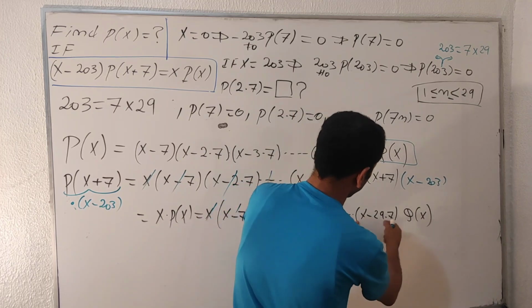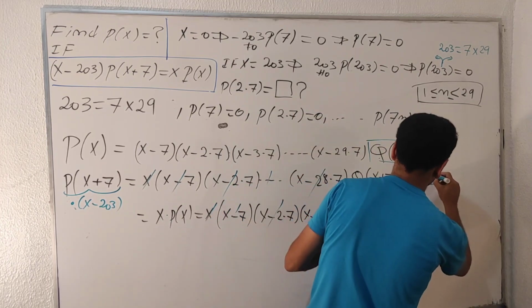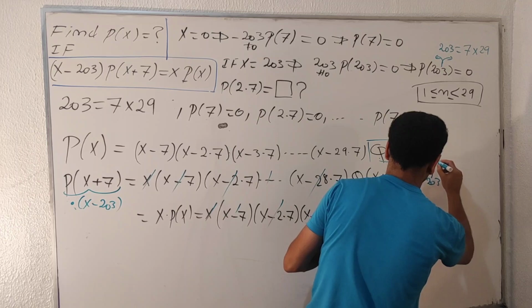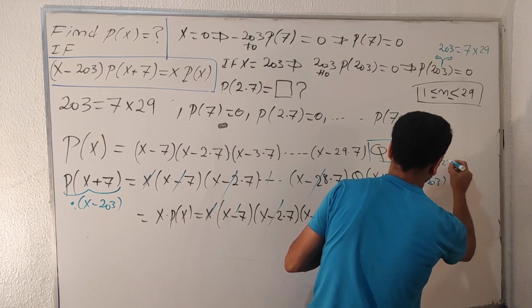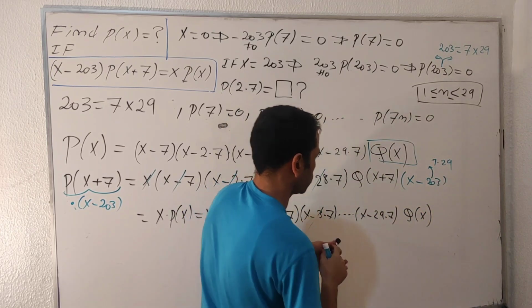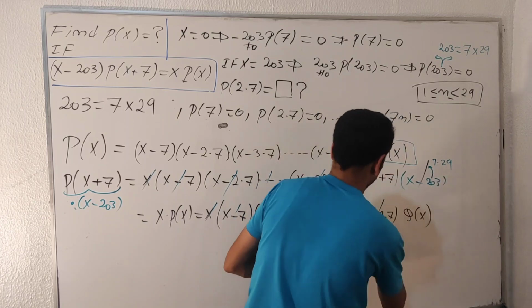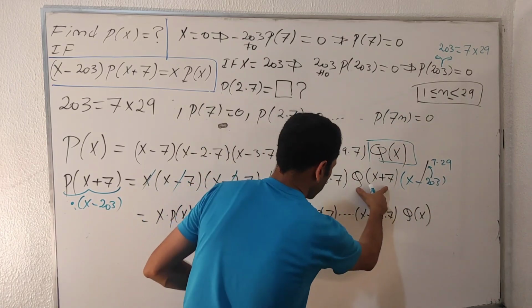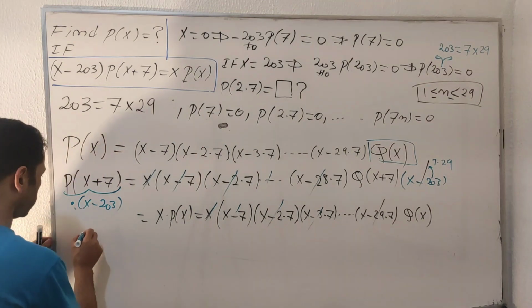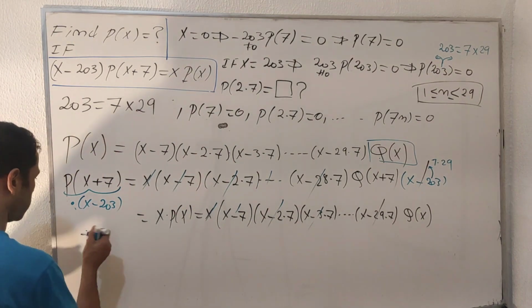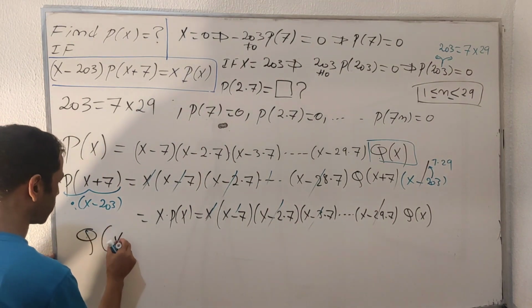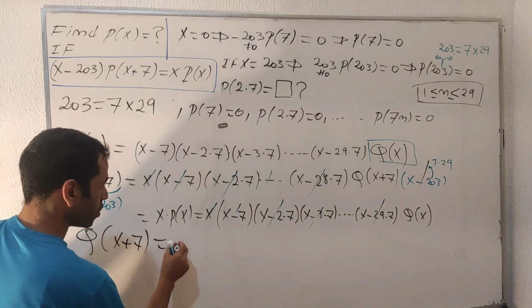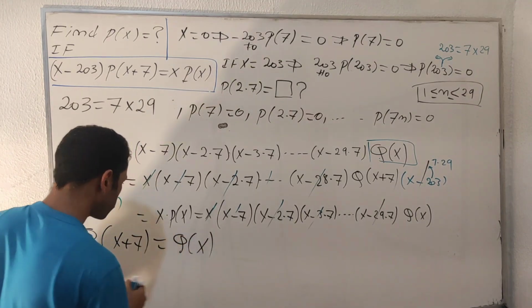This one also is going to be cancelled out with this one, because 2 over 3 equals 7 times 29. I will be left only with this one equals this one: q of x plus 7 equals q of x.